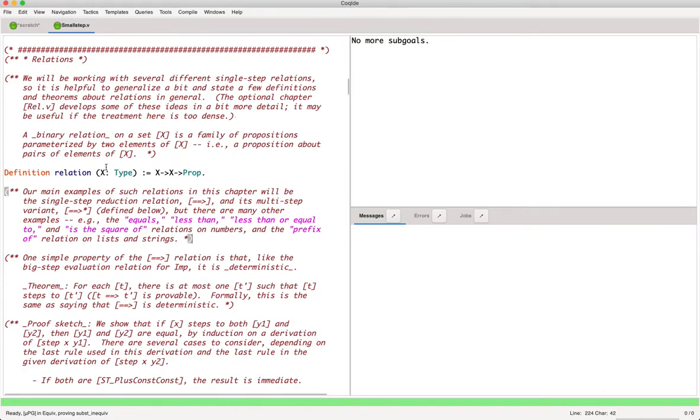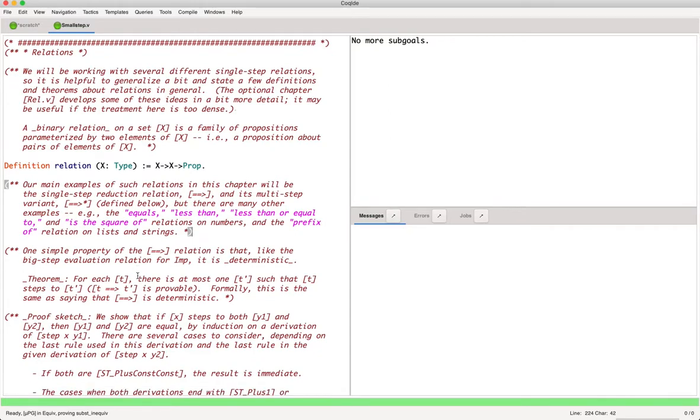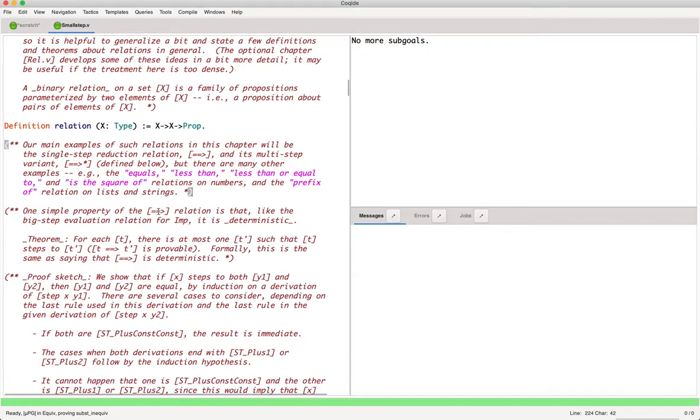If we have relations that conform to this sort of structure, we can talk about different properties of them. One that we're going to want in the future is that the small step relation, this arrow, is deterministic for the Imp language, for example, just like the big step evaluation relation we saw in the previous chapters.